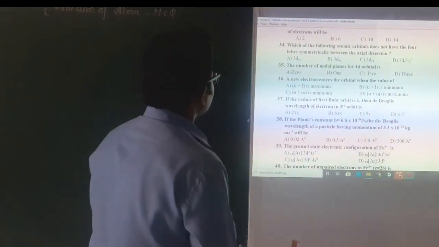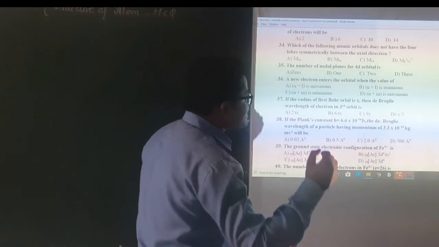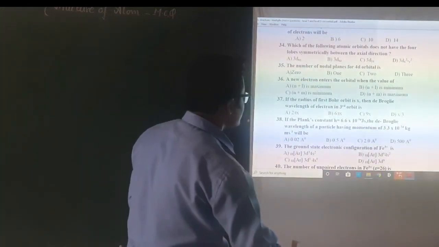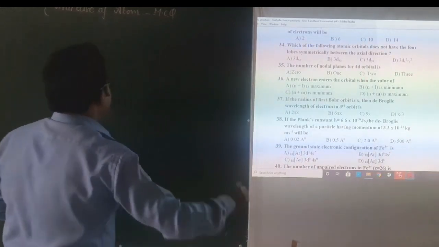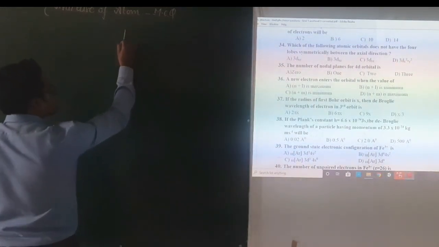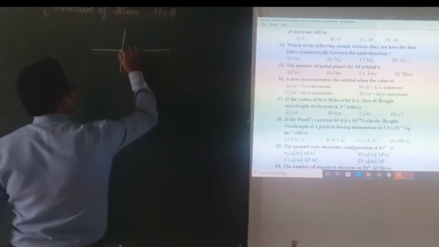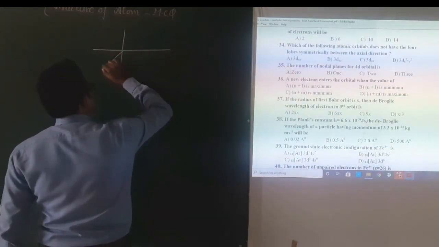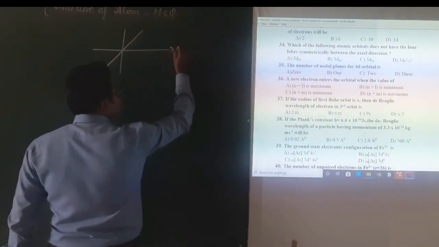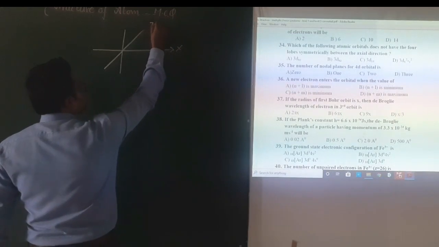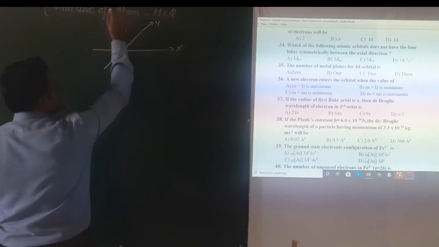Which of the following atomic orbitals does not have the 4 lobes symmetrically between the axial directions? Now the axial directions over here are nothing more than these. So let's say the x-axis, y-axis, z-axis.